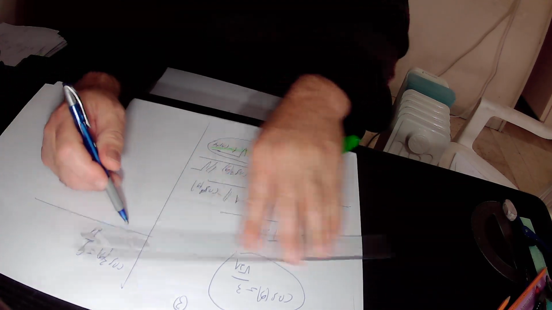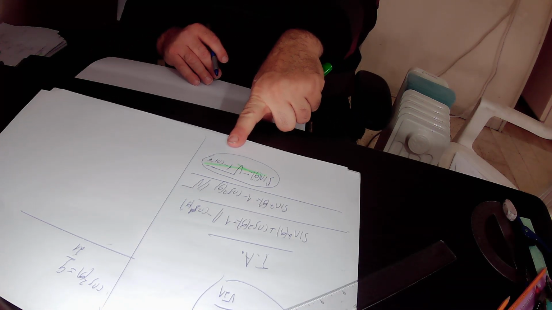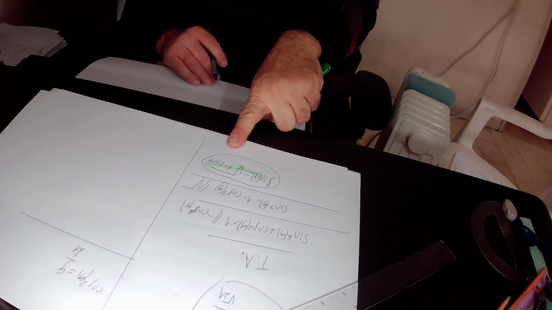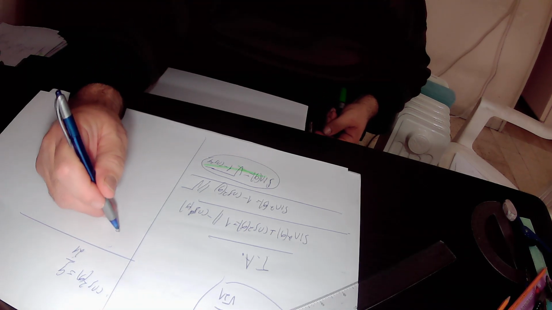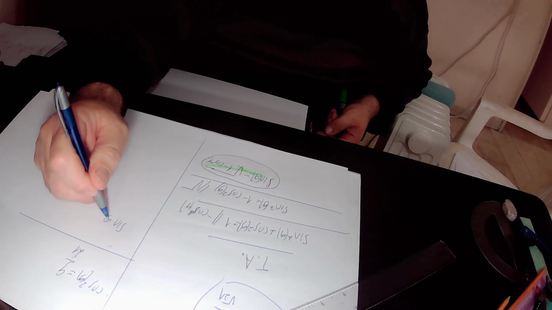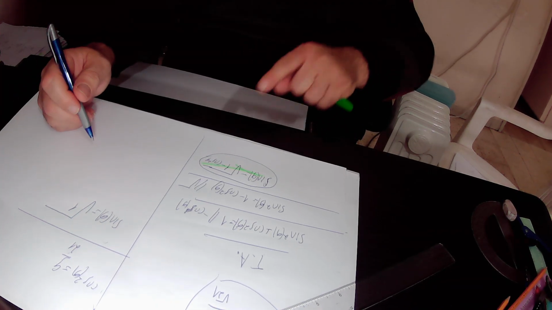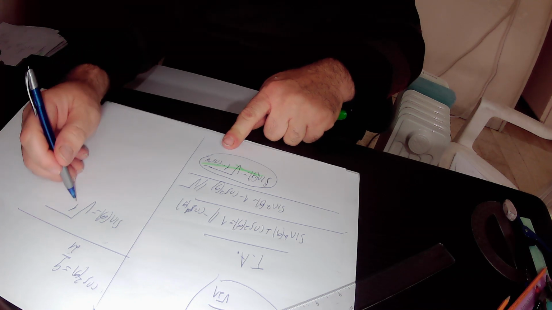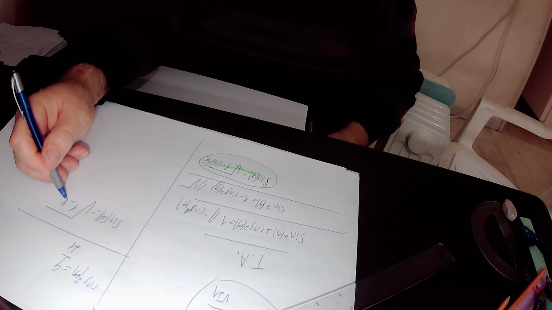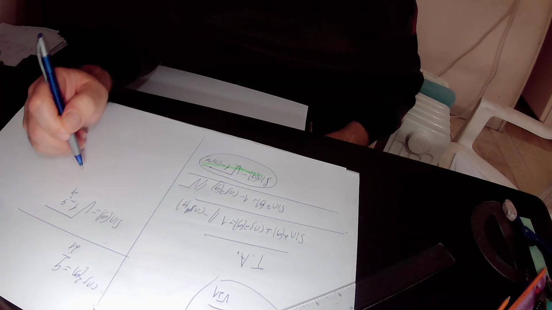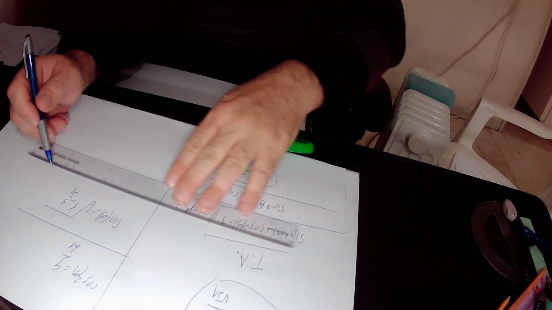Therefore, we can substitute cosine squared alpha in this trigonometric identity by 9 over 21. We do it now, and we get that sine alpha equals the square root of 1 minus cosine squared alpha, and cosine squared alpha is 9 over 21. So sine alpha equals the square root of 1 minus 9 over 21.